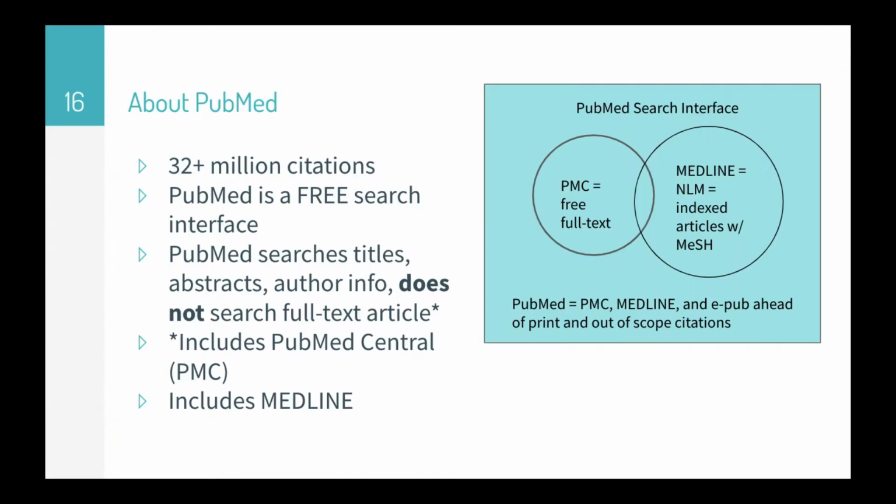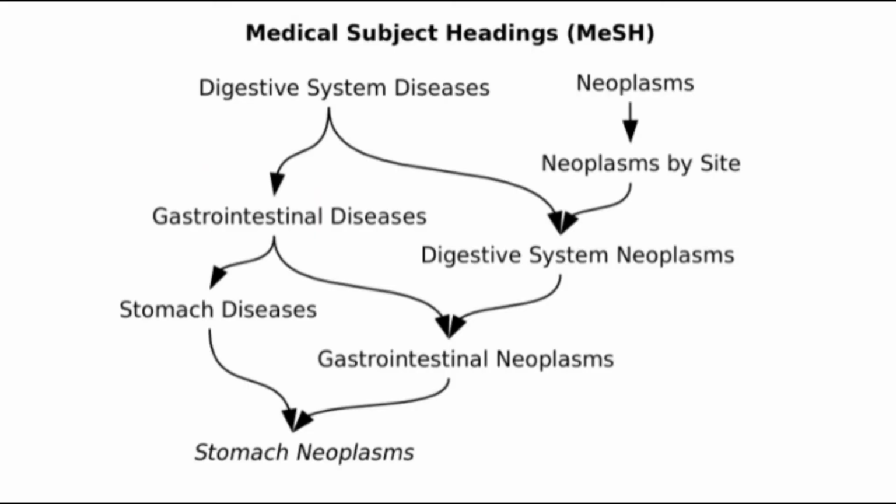Medline, on the other hand, is the subset of PubMed that is managed by the National Library of Medicine, and it makes up about 90% of what is actually contained in PubMed. There are subject matter experts who read the articles going into Medline, and they assign these additional keywords. This is known as MeSH, medical subject headings.